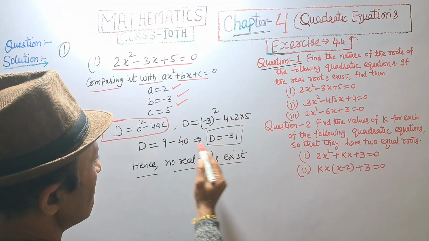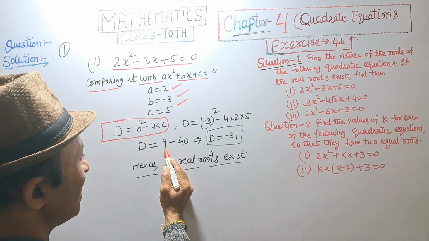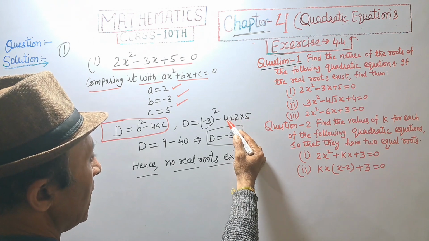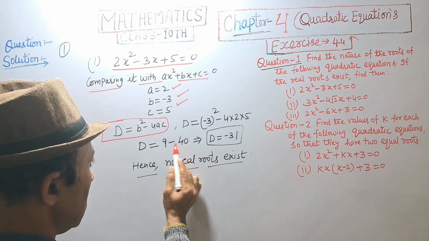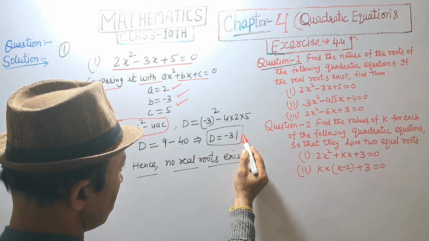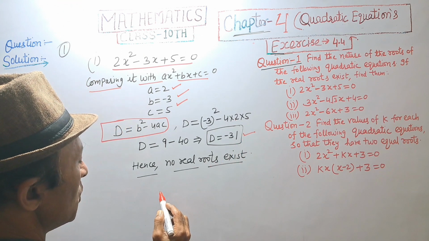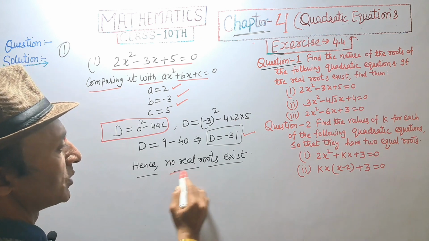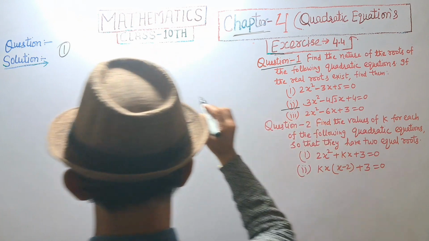Minus 3 square, that will be positive 9, minus 5 2s are 10, 10 4s are 40, minus 40 plus 9, that is equal to negative 31. So real roots do not exist. No real roots exist.